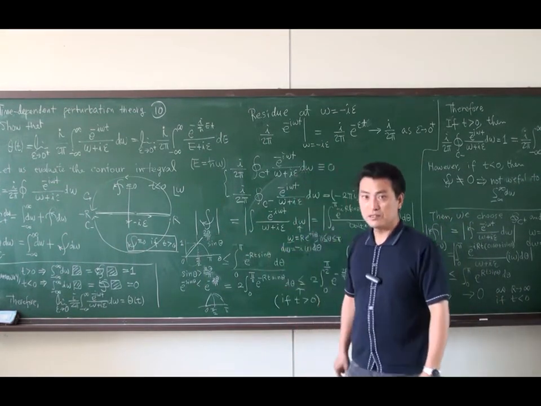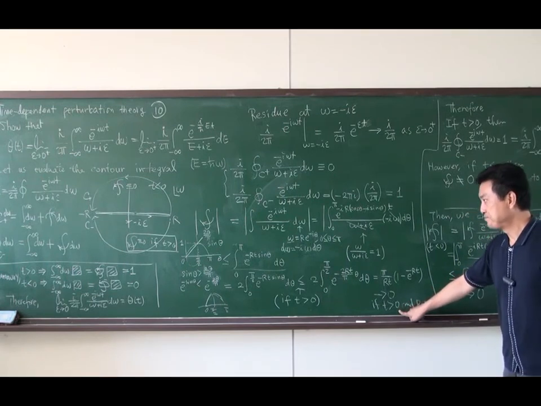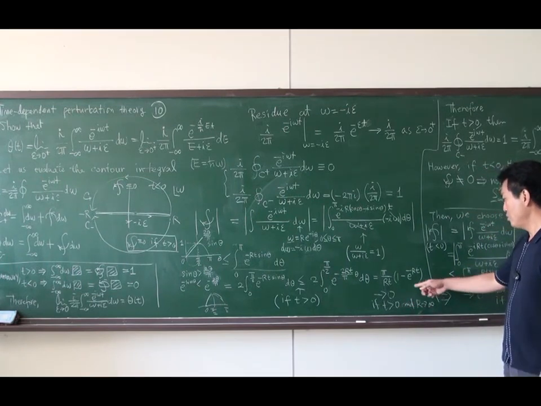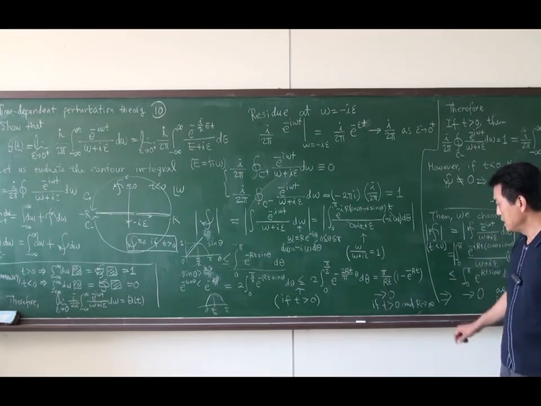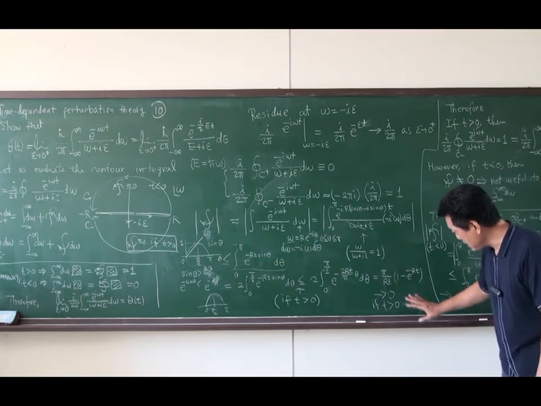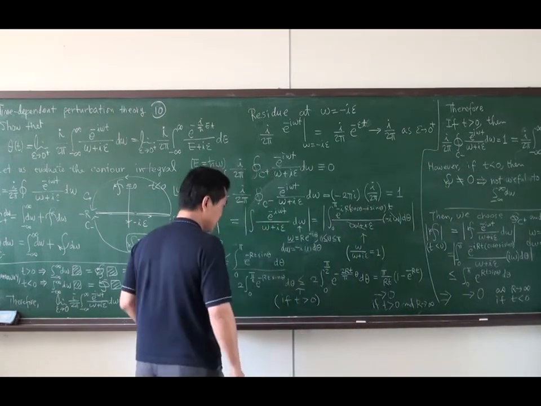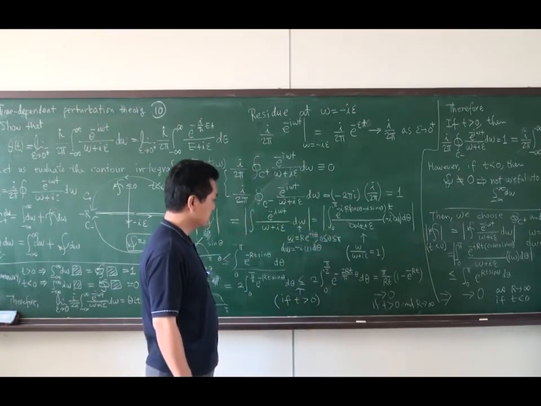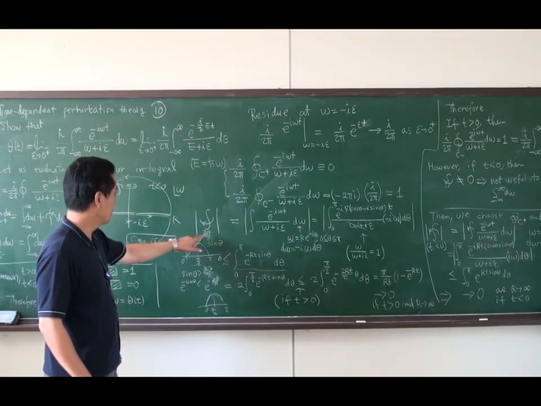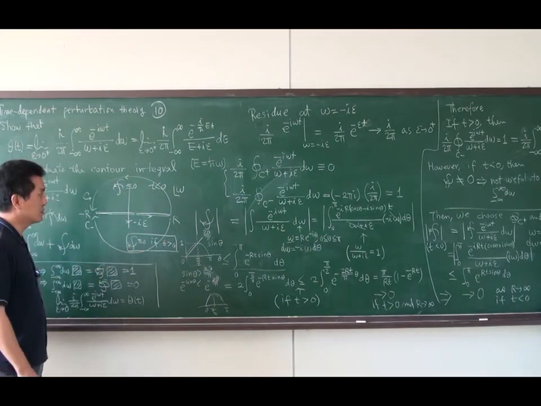Therefore, this integral vanishes. I don't know what happens to the case t is negative, but that does not constrain the integral to be finite. Only if t is positive, we can say this integral along the lower half plane, along a semicircle, vanishes.